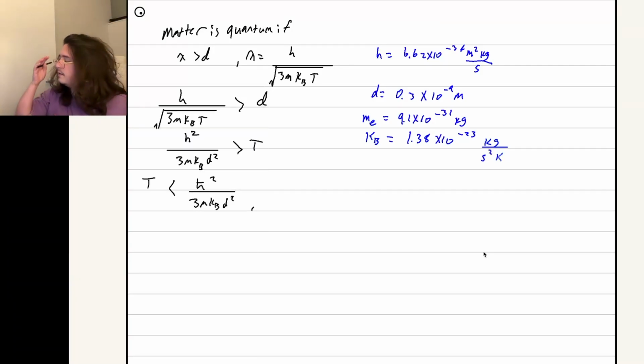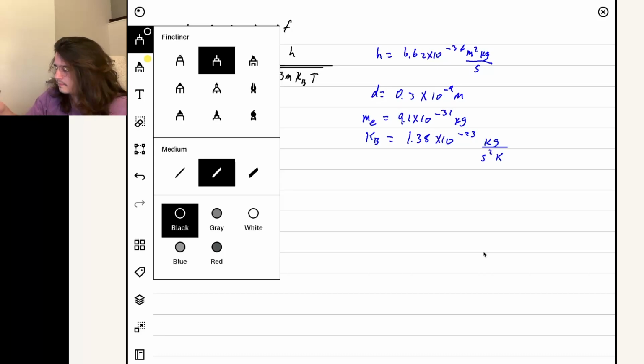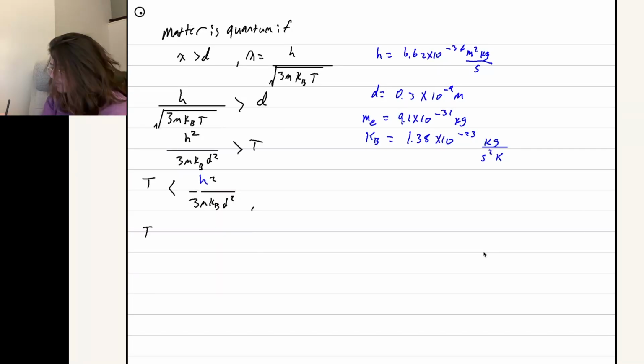Right. We can plug all those numbers in, and that's not actually h bar squared, that's just h squared, isn't it? Okay. Plugging those numbers in, we get that T is less than 6.62 times 10 to the minus 34, that number squared.